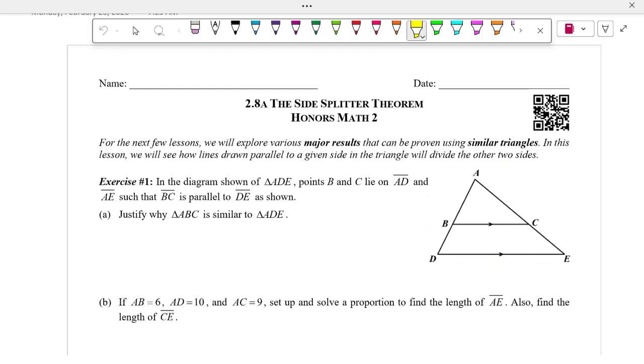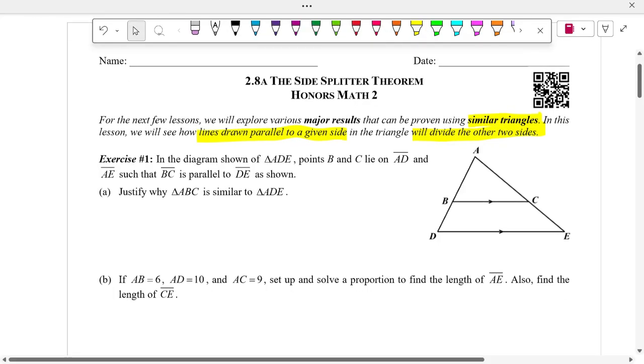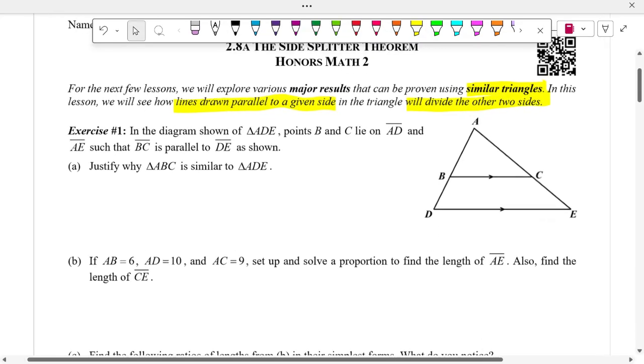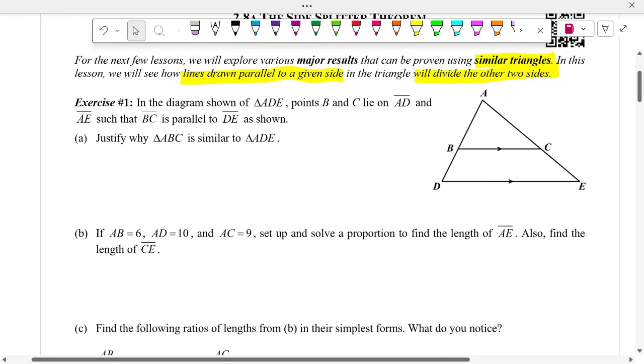So, it's saying that since we know similar triangles, sometimes if we have lines drawn parallel to a given side, the triangle will divide the other two sides. And that division is actually proportional. So, first things first, we've got to justify that these two triangles are similar.